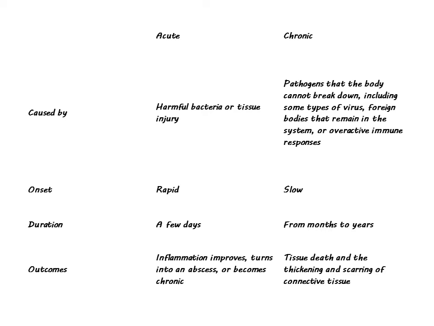So the next thing is outcomes. In case of outcome, acute is different from chronic. If the acute phase prolongs, then it becomes chronic. In the acute phase, either the person will get rid of the inflammation, the immune system is successful in eliminating the pathogen from the person's body, and then there will not be further problems. The acute inflammation will not become a chronic inflammation. If our body fails, then it will turn into an abscess, and then it becomes a chronic condition.